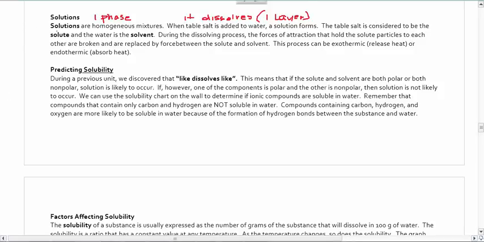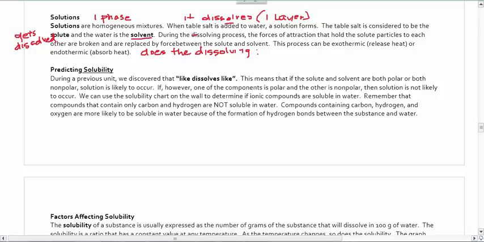I guess, a generic definition for solute: this is the thing that gets dissolved, which you guys know. And the solvent does the dissolving.